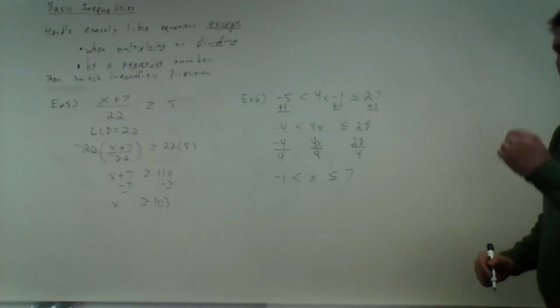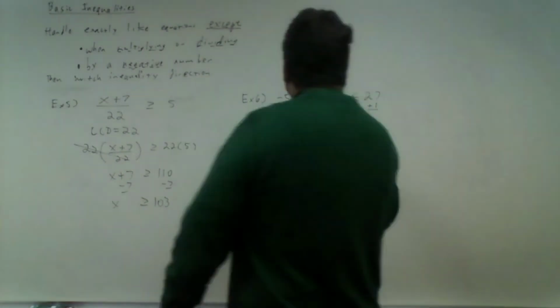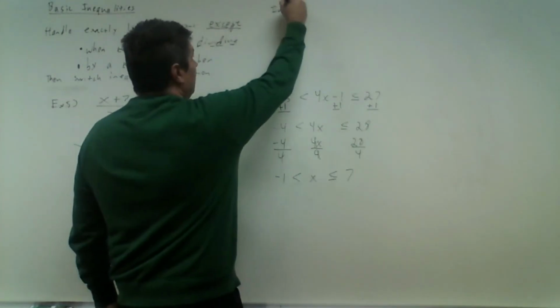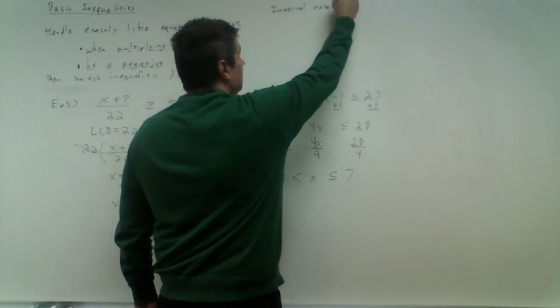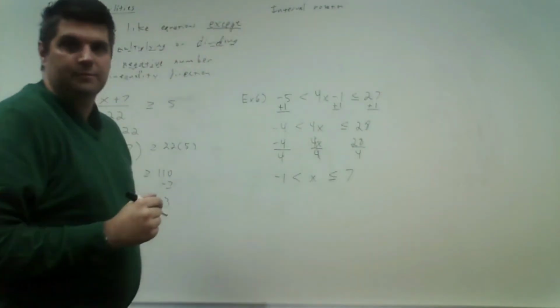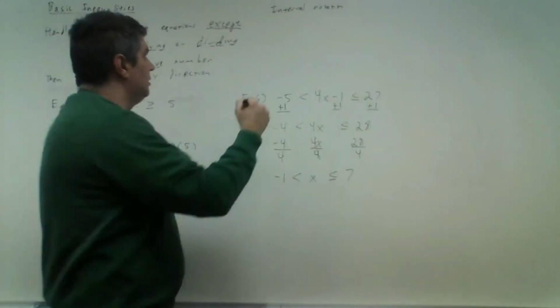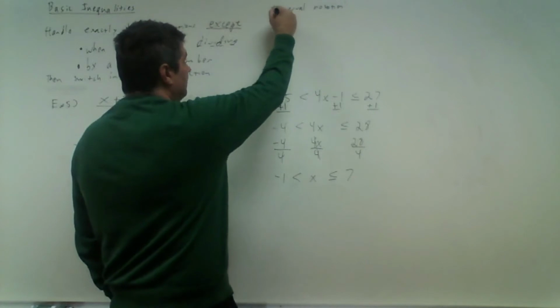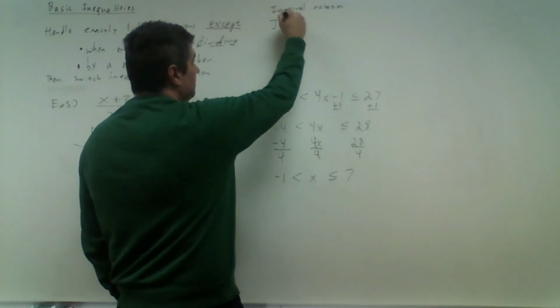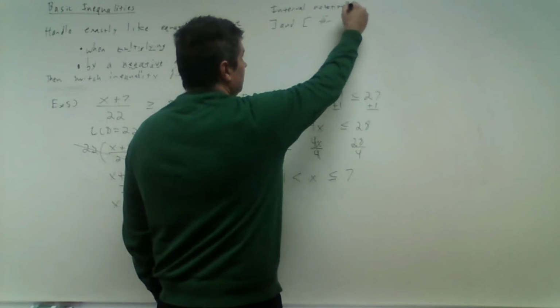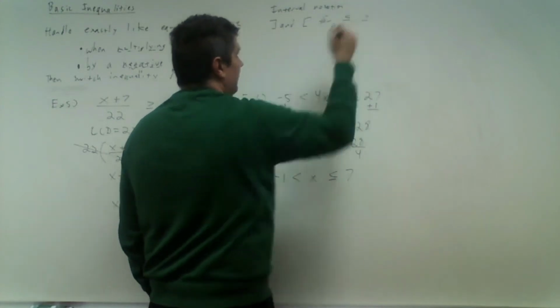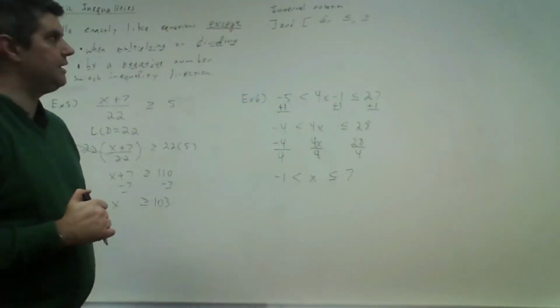All right, so this is where I want to introduce interval notation. We use square brackets for the or equal to's.